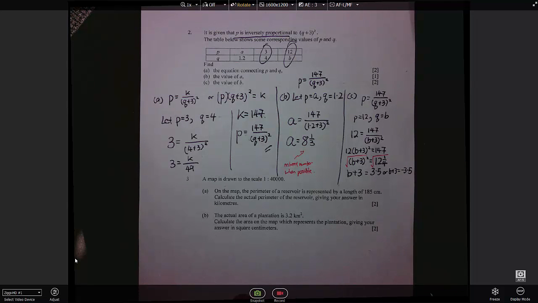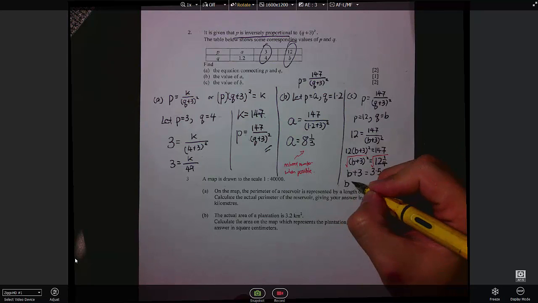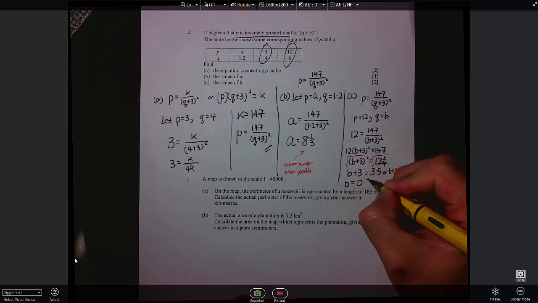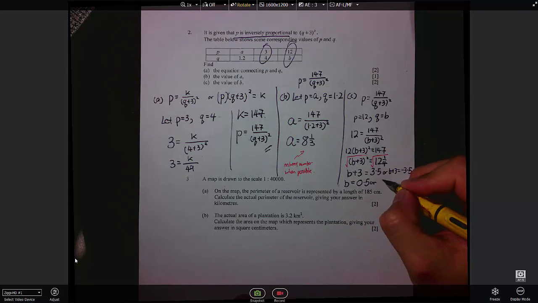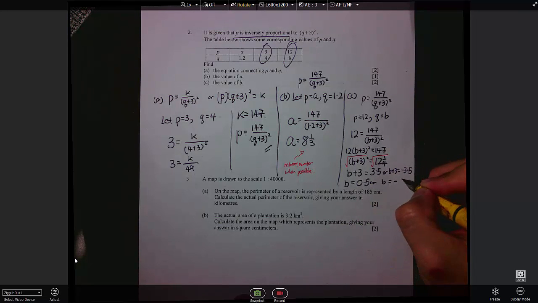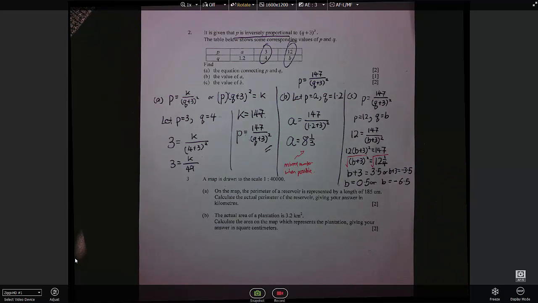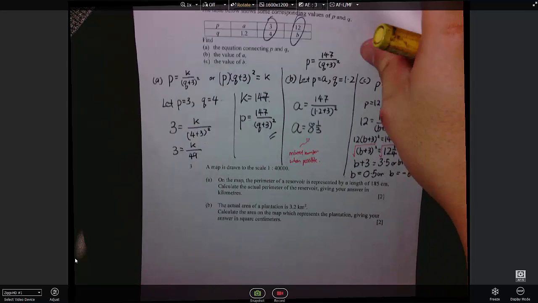Either way is fine, because when you square root a number, you get both the positive root and the negative root. So in this case, B equals 0.5 or B equals negative 6.5. Most of you did not consider the negative root, you only considered the positive root. But don't forget that both roots are possible.